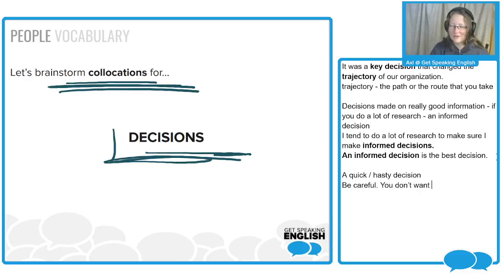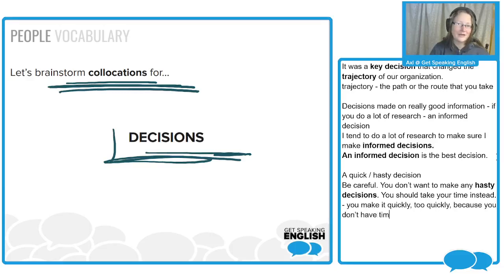You don't want to make any hasty decisions. You should take your time instead. Do your research, right? Because a hasty decision, you make it quickly, maybe too quickly, because you don't have time to think or do research.